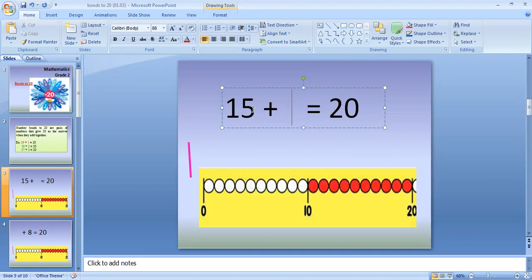So they have given 15 and they say that the answer is 20. So I have 20 beads and now I am going to mark the 15th bead on my beaded string.